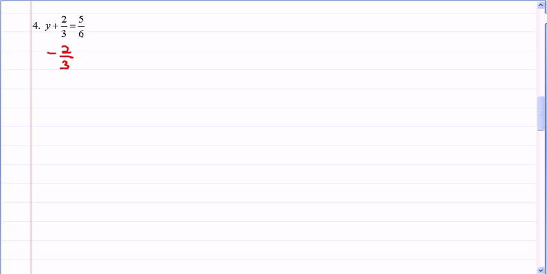So I take 2/3 minus 2/3 and then 5/6 minus 2/3, which I will write out on the side. 5/6 minus 2/3.